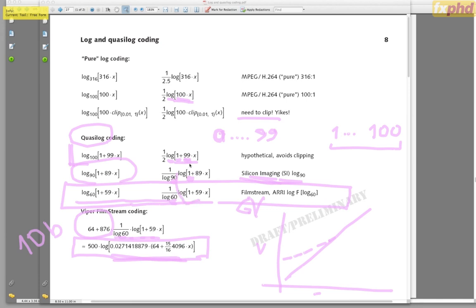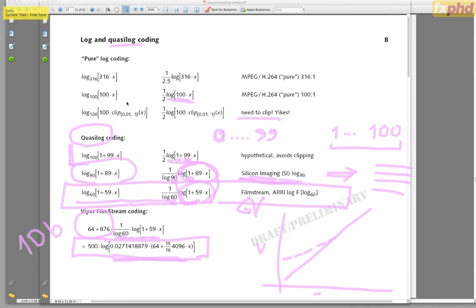And this 1+ business, invented by the FilmStream guys, independently invented by David Newman and adopted by Silicon Imaging, and then it turns out adopted by Panavision, RE, Red, and Sony. Those are all the other log coding schemes. They all use this numerical trick. So this is what I'm calling quasi-log coding. It's basically what all the cameras do.